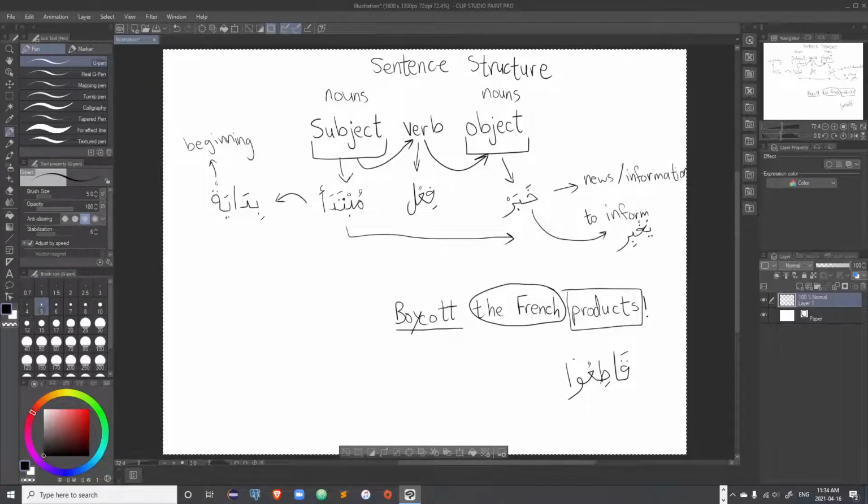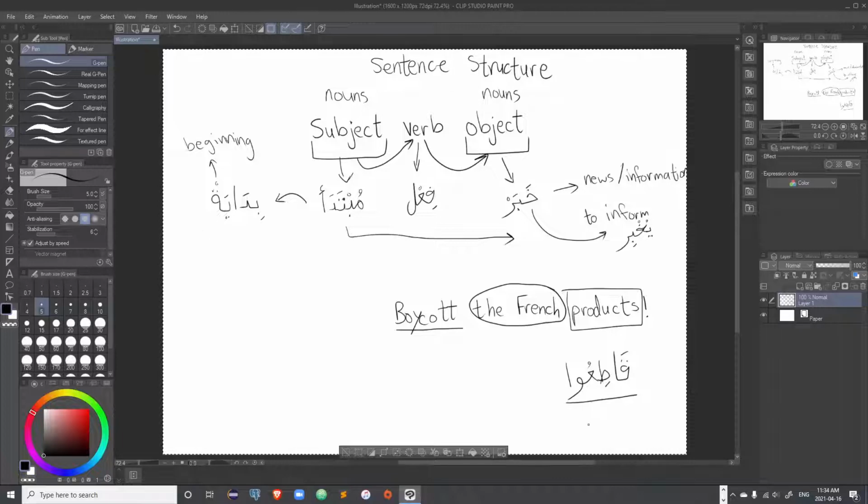Up until here, that is the accusative for a singular person. When you see the waw and the alif, the silent alif, you automatically think of you plural, because this, as we said before, is called waw al-jama'a, or the waw of multiples. قاطعوا.